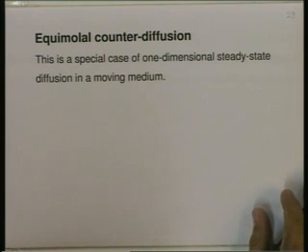Now, we move on to the next case, which is again a one-dimensional steady state situation, and which is known as equimolal counter diffusion. In equimolal counter diffusion, we look at a situation which is like this. Let me sketch it.